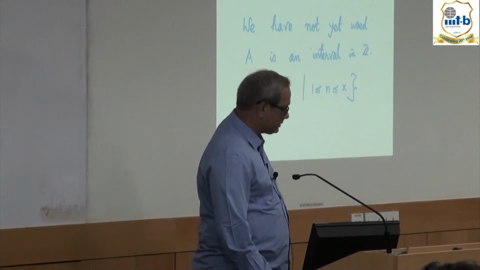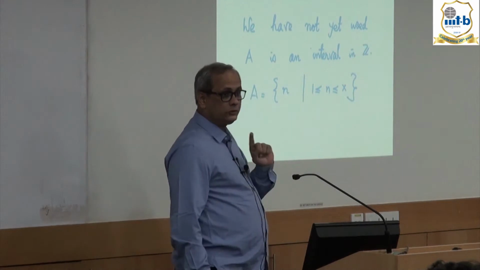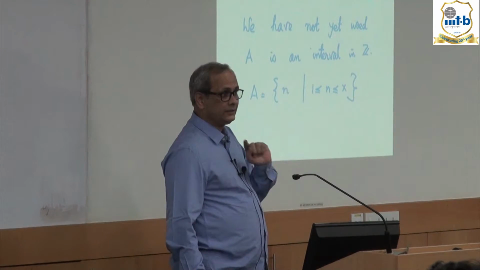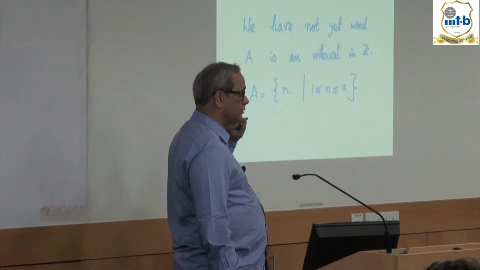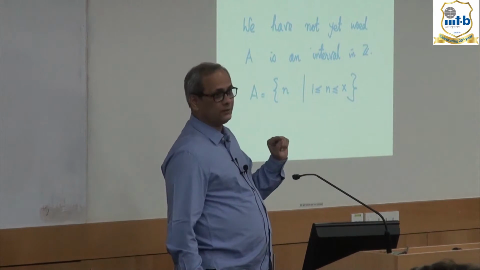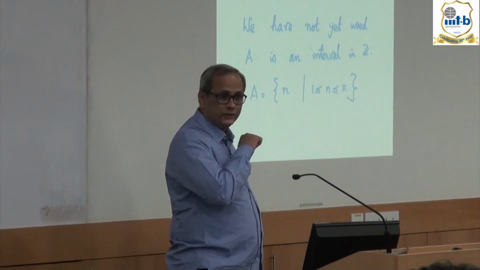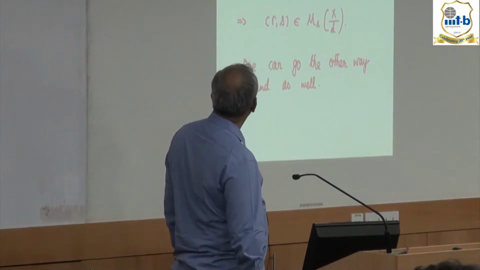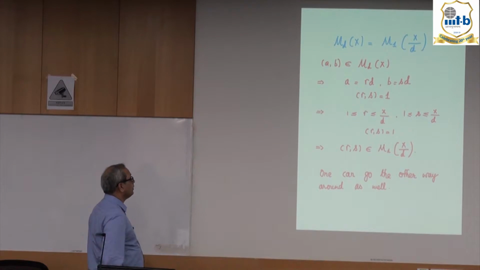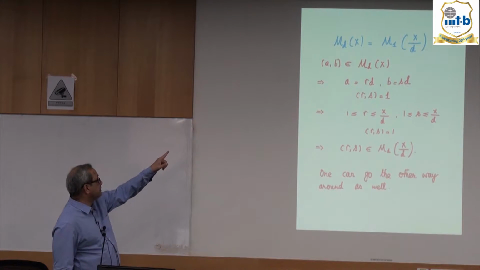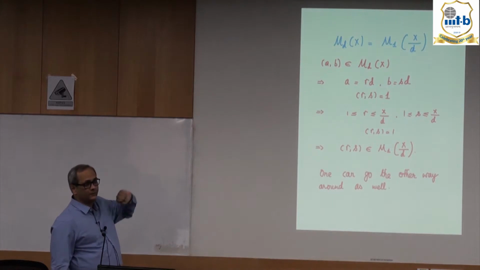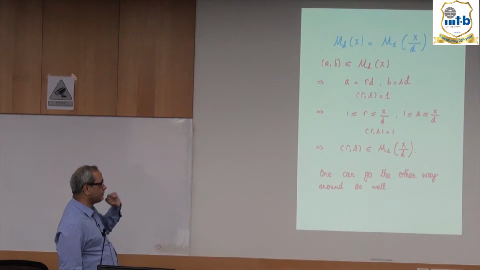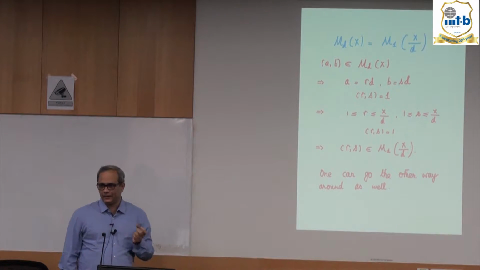Now you see that the solution to this problem crucially depends on the fact that the original question is posed not for an arbitrary subset of the integers from 1 to x, but for the entire interval 1 to x. So the first observation is that M_d(x) is the same as M_1(x/d). M_1 means the pairs that have GCD 1, that are co-prime.